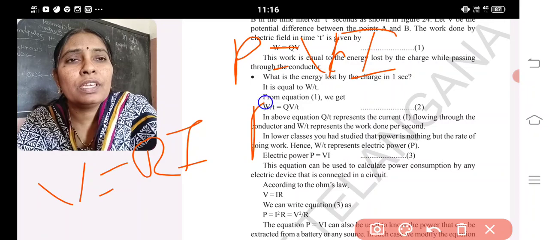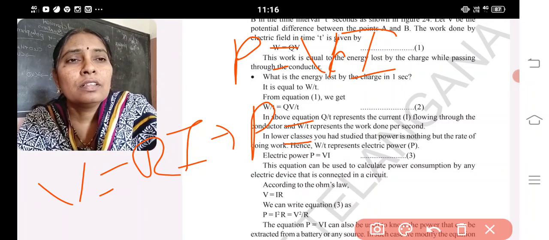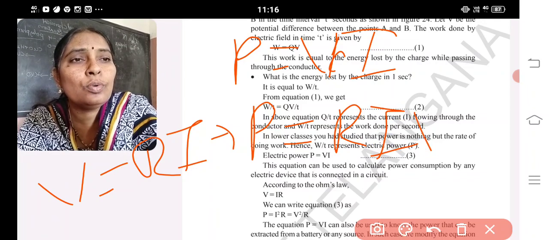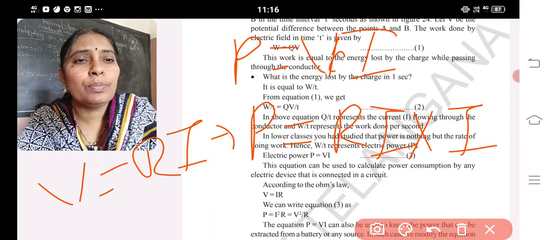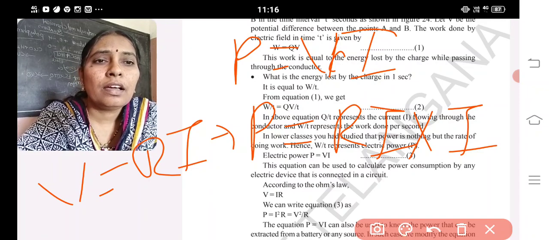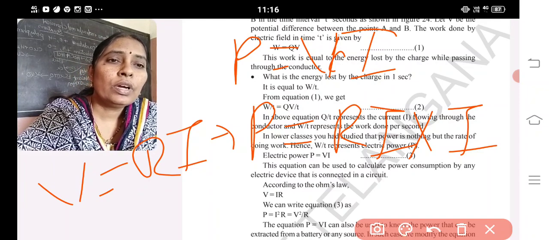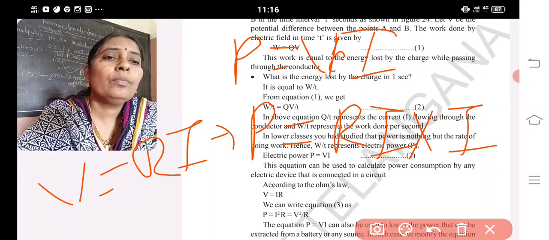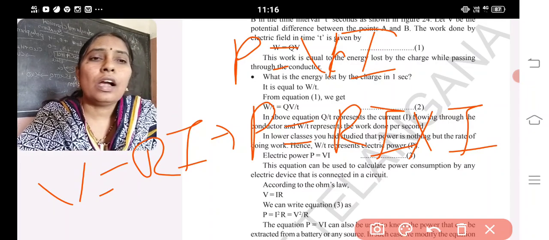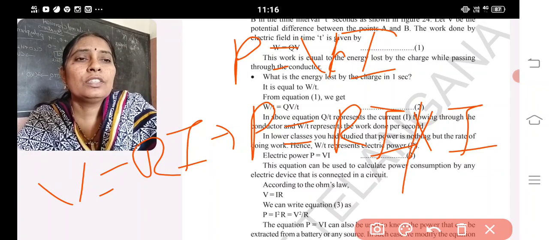Substitute that value. P is equal to IR into I, which is P is equal to I square R. I square R. And you can write I square R also as P.